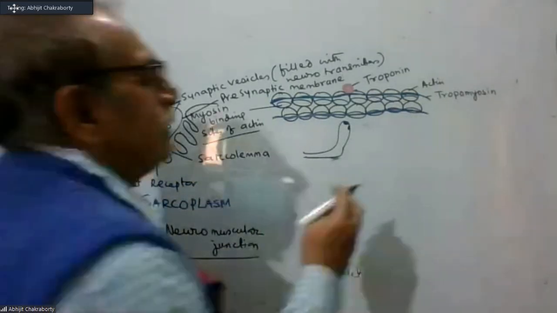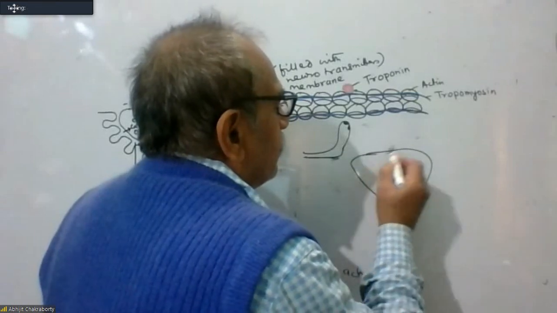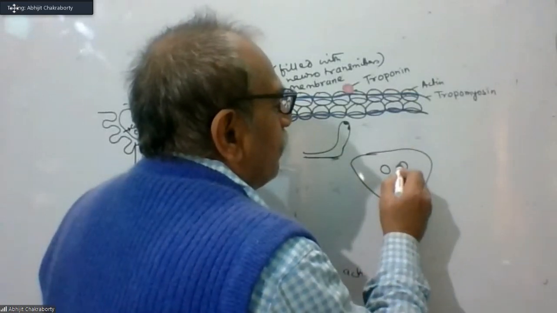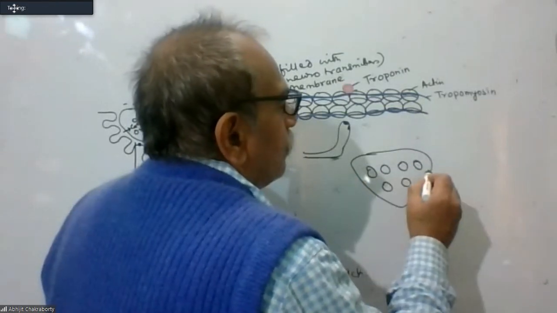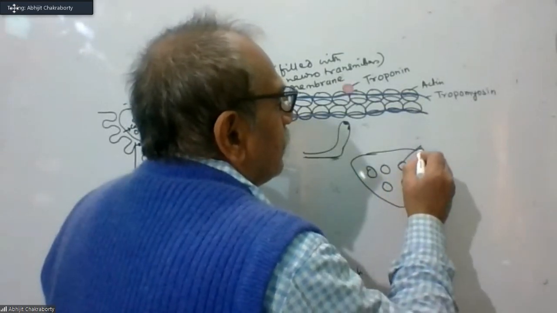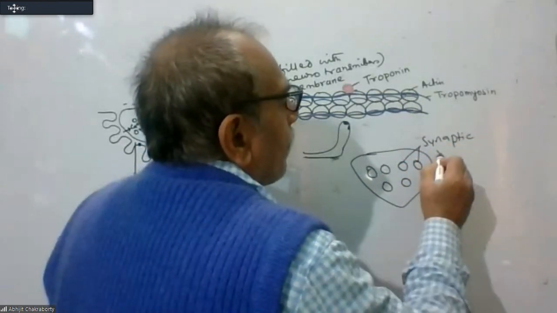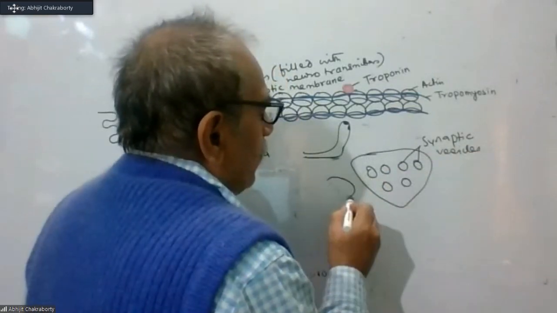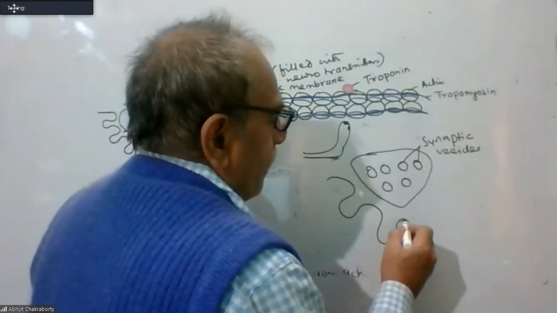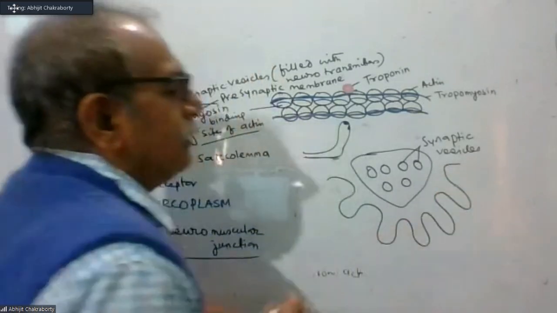Generally, in the synaptic knob, this is the synaptic knob, you see. Here you will get a number of vesicles. So, this is the synaptic vesicles. And this is the sarcolemma.